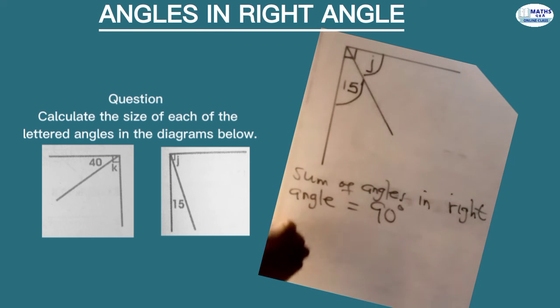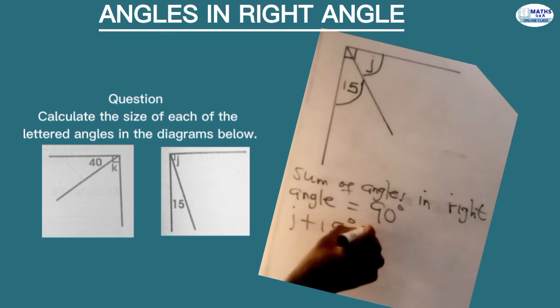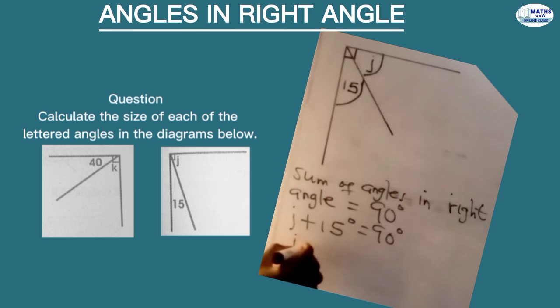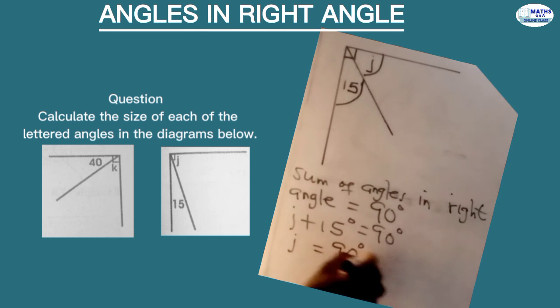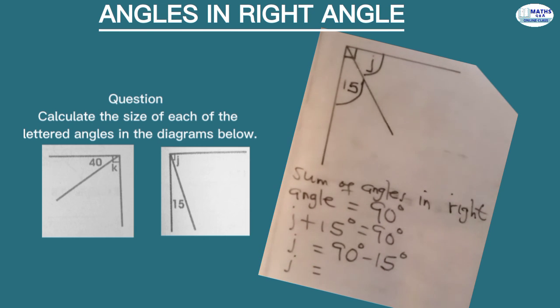Good. Then we add them, J plus 15 degrees, and we equate them to 90 degrees. Now we make J the subject. So J is equal to 90 degrees minus 15 degrees. Now J is equal to, you take 15 from 90 and then you get what? 75 degrees.